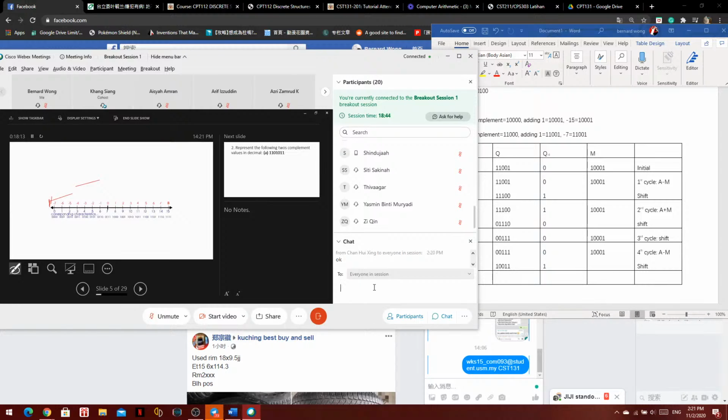So the 0 is shifted here. If I want to represent negative 7, it will be 0, and if I want to represent negative 3, it will be 4. If you use back all the things that you have done before, then you know how it actually works. So for the next, represent the following two's complements.